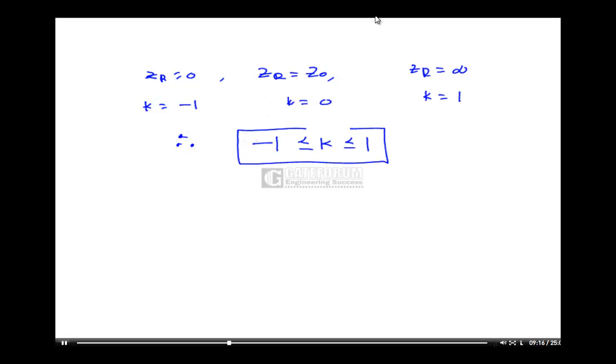That is, the reflection coefficient value lies between minus 1 and 1. Actually, the concept of this topic is, suppose I am considering, for example, an open circuit line.